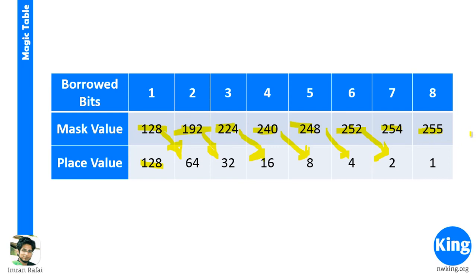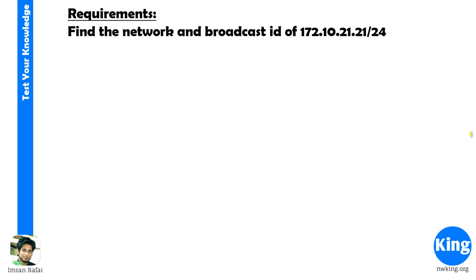These are standard numbers: 128, 192, 224, 240, 248, 252, 254 or 255. Your subnet mask, I'm reiterating this again, has to be one of these numbers. You cannot have any other number in your subnet mask. Simple as that. Fantastic.